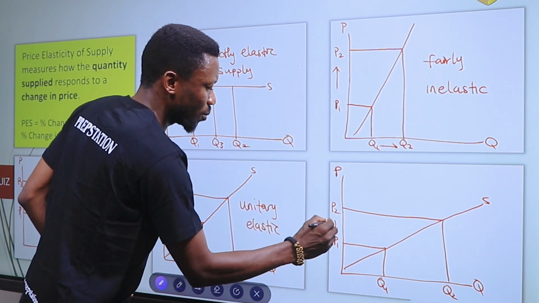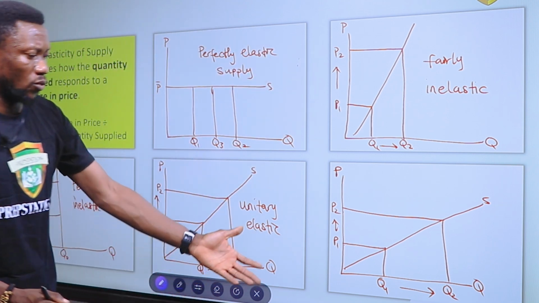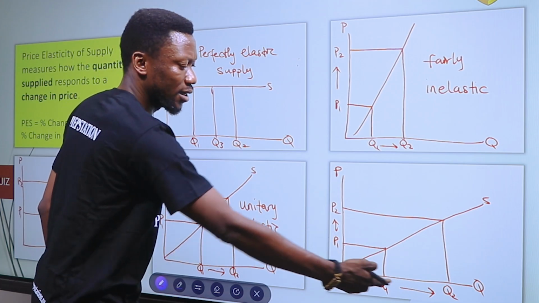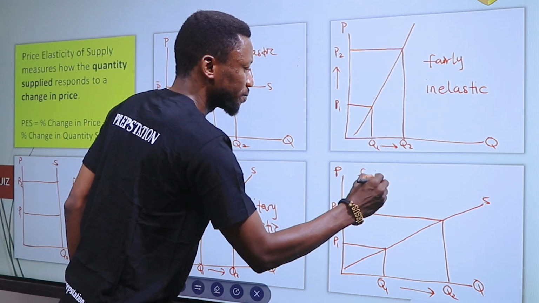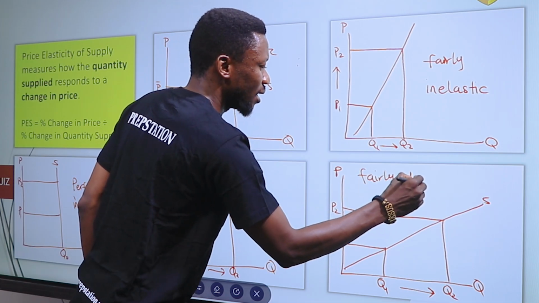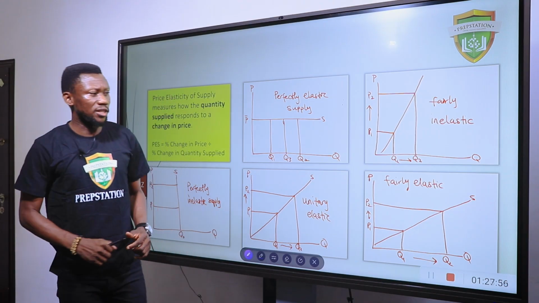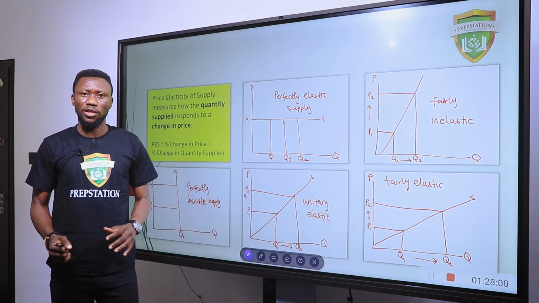And look at the gap between P1 and P2 with Q1 and Q2. You can see that the size here is bigger than the size there. Therefore, this will be called fairly elastic supply.